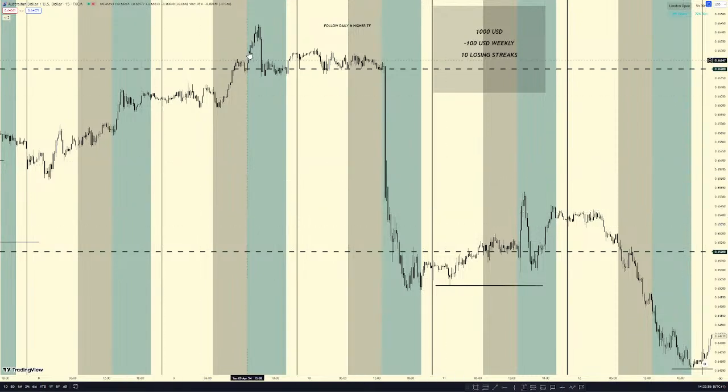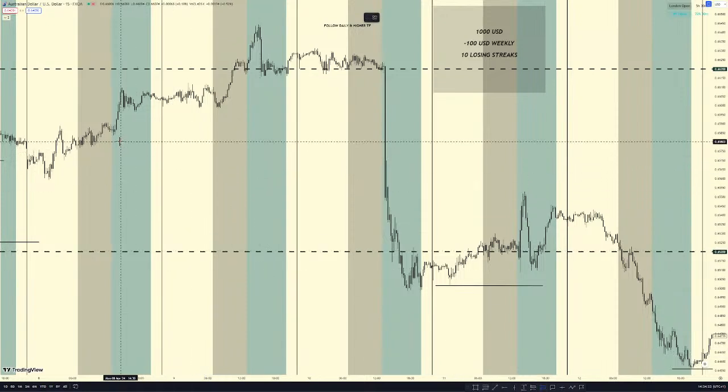Now, this is the interesting part when I was saying you must have an edge. What makes your losing streak sensible is the profit margin per loss. What I'm trying to say is that if you are willing to risk $10 on a trade, let me use a very good example.